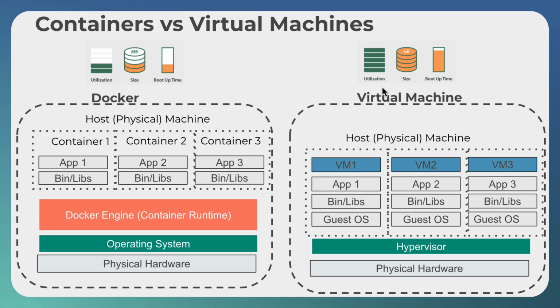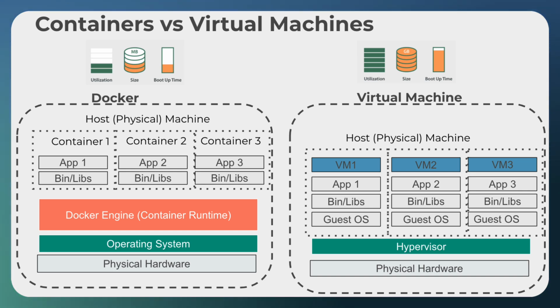One of which is that utilization is really high, as well as the size needed of the hard drive, as well as memory, to run multiple virtual machines, where the applications will run. And of course, because the resources are shared, boot up times will also be pretty significantly high.